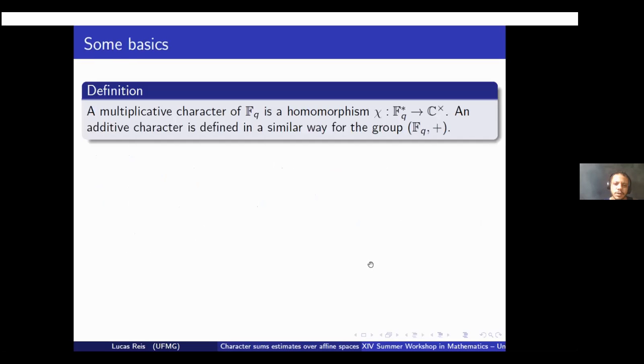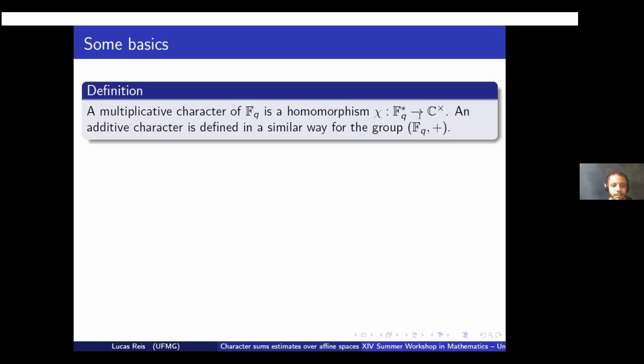Okay, just to start with some basics about characters. We just define a multiplicative character of F_q. It's just a homomorphism from F_q star to C star. Right, so F_q star here is just F_q minus 0. It's well known that this is a group with respect to the product.